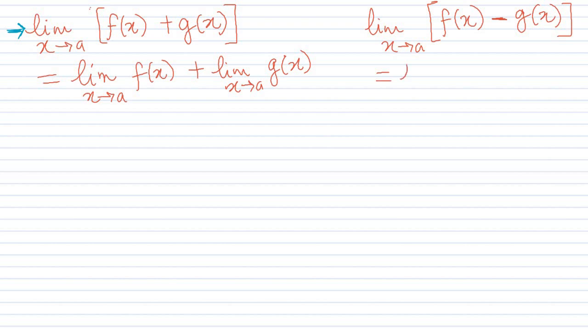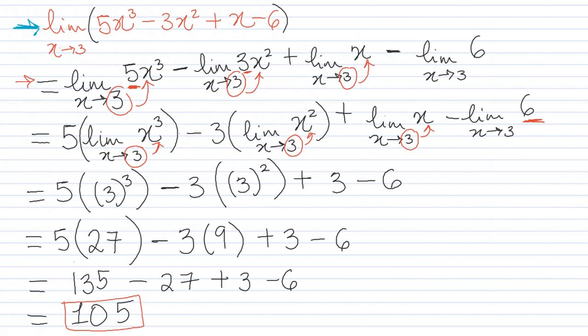You end up with the limit of f of x as x goes to a minus the limit of g of x as x goes to a. So this is basically what needs to be done. That is what we just did here, right? We just literally did this and voila, we got the answer.